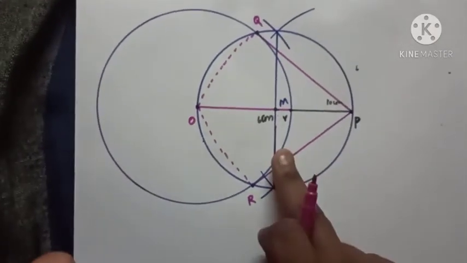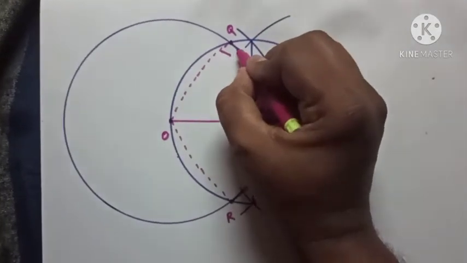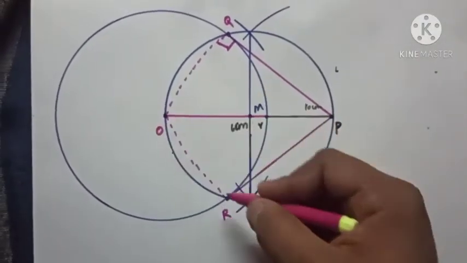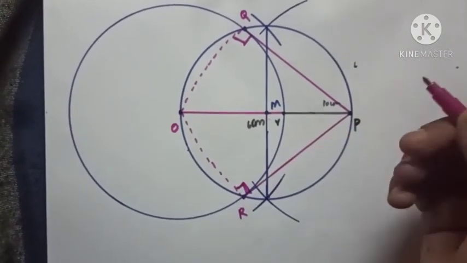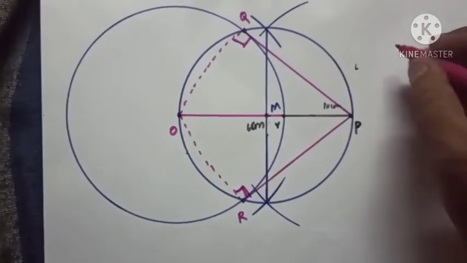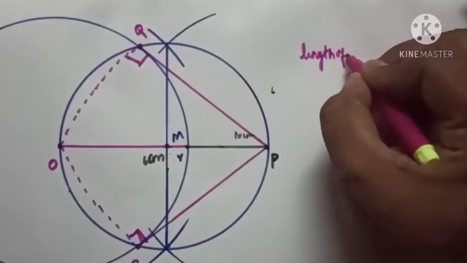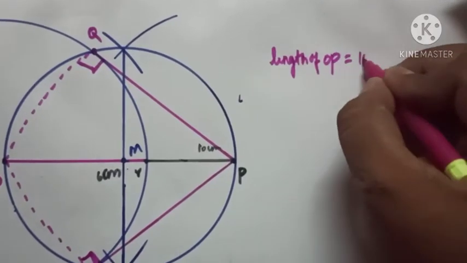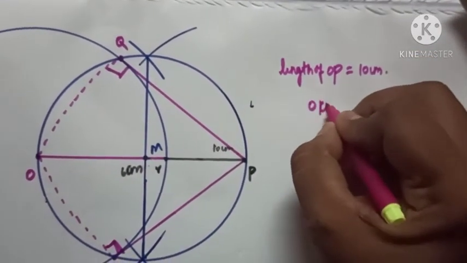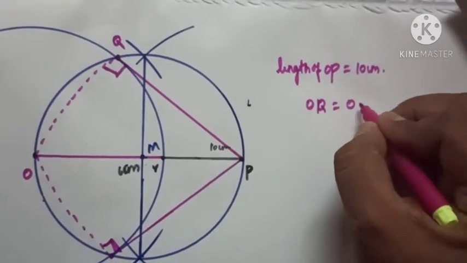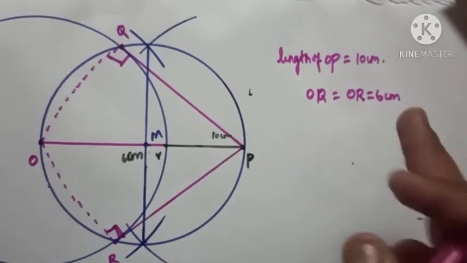Now you consider OPQ. It forms a right angle. And then ORP also forms a right angle. So now you know that the length of OP is equal to 10 centimeters, and OQ is equal to OR is equal to 6 centimeters because it's a radius.